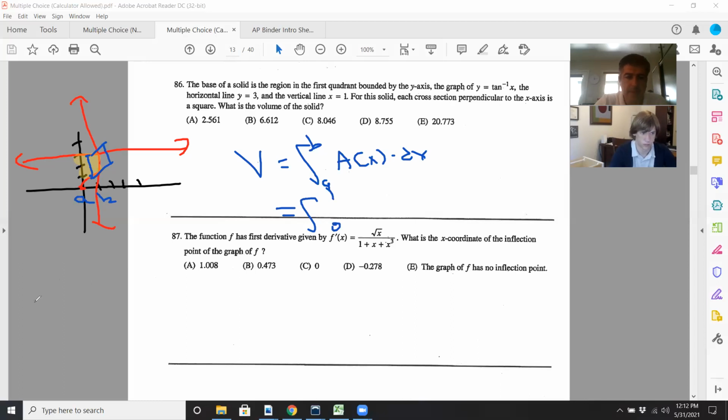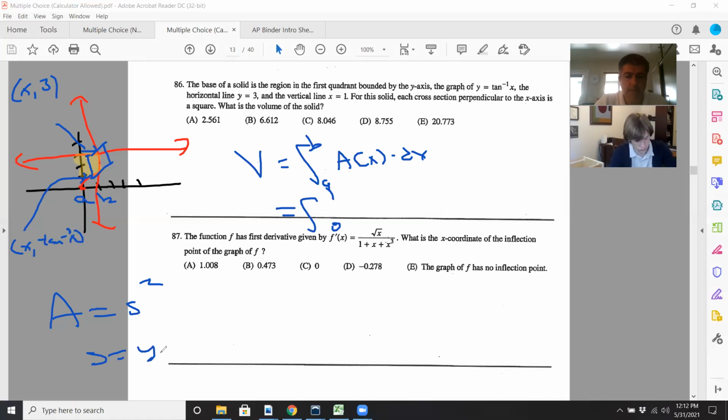The area is going to be s squared. The tricky part is figuring out s in terms of x. So that's where you really want to label the coordinates. That could be x comma 3, and this will be x comma the inverse tan of x, because y is being determined by that expression, right? Inverse tan of x.